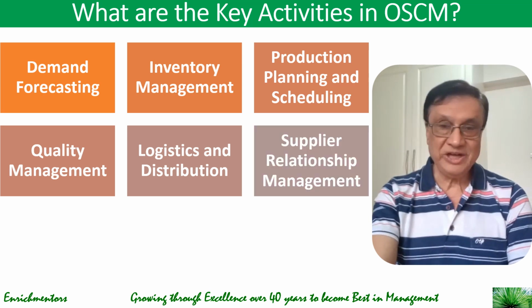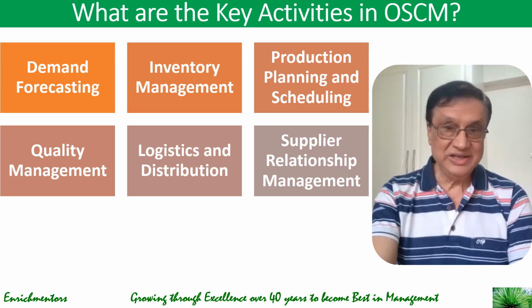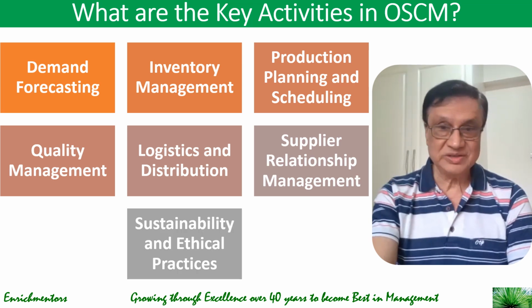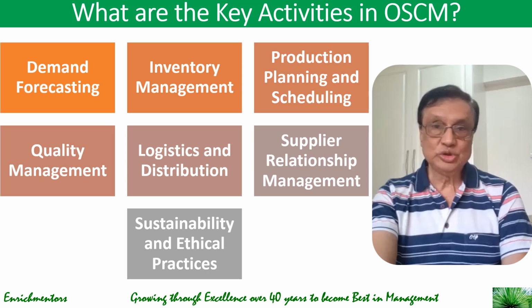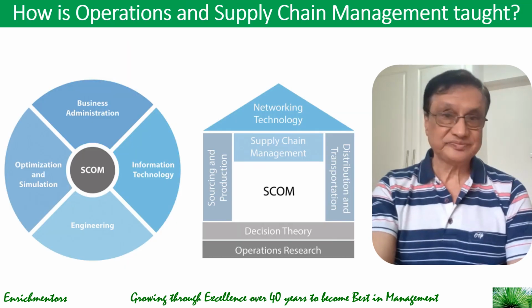Supplier relationship management, where you collaborate with suppliers to optimize the procurement process, manage risk, and ensure a stable supply of materials at an optimal cost level. And finally, sustainability and ethical practices, where you consider environmental and social impact in decision making to create a more sustainable and responsible supply chain. So those are the key activities in operations and supply chain management.